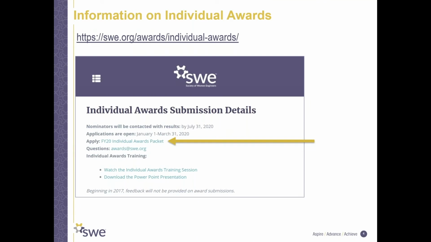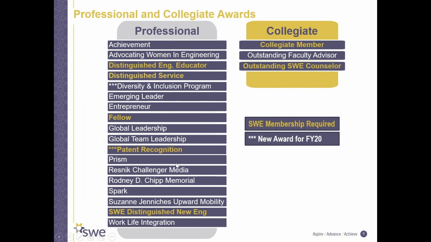Some general information. To find the individual awards packet, go to swe.org/awards/individual-awards, and you'll see a link to the FY20 individual awards packet. The individual awards program has two types of awards: professional awards and collegiate.